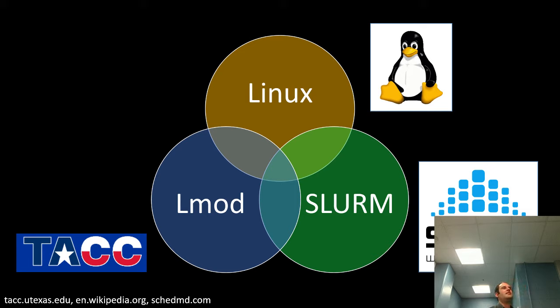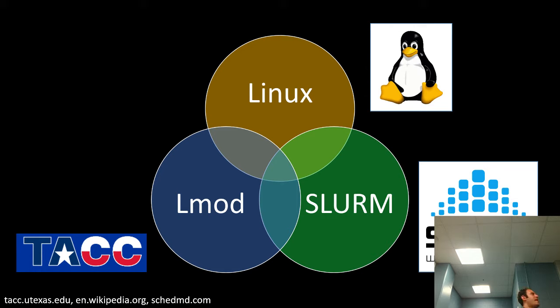Okay, so I've mentioned quite a bit Linux, LMOD, and Slurm, and for good reason. It is used quite a lot within ACCRE, and we emphasize it a lot. Linux is the operating system.